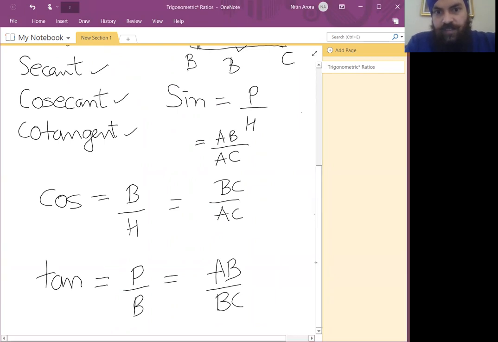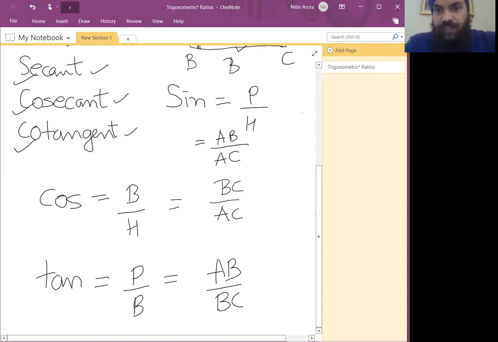Now similarly, we'll be defining secant, cosecant, and cotangent. Secant is the reciprocal of cosine, cosecant is the reciprocal of sine, and cotangent is the reciprocal of tangent.